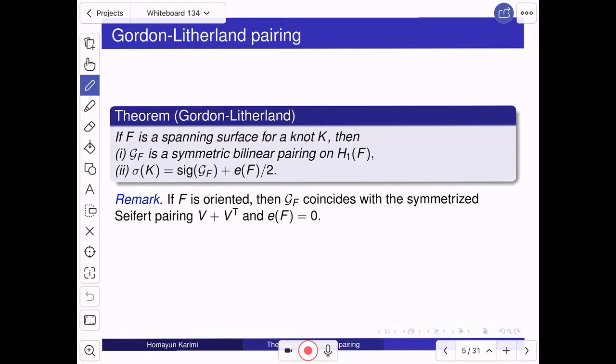It is worth noticing that if you start with a Seifert surface F, which is orientable, then the correction term is 0, and the matrix of G sub F coincides with the symmetrized Seifert pairing. So in a sense, it generalizes that pairing and calculates the signature for us.